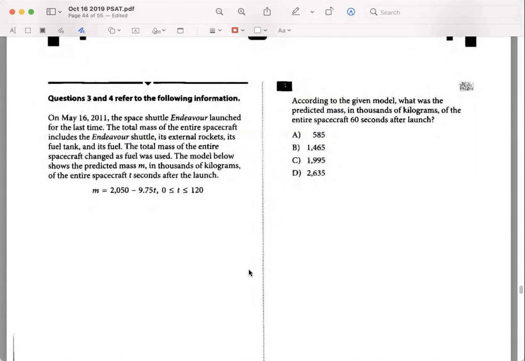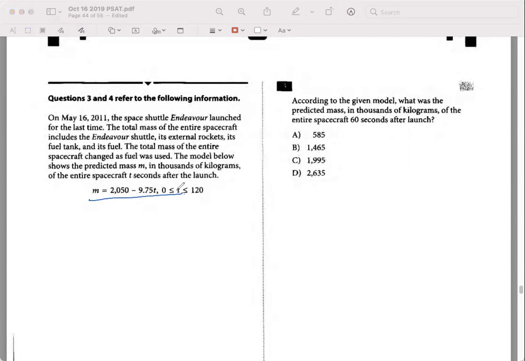The model below shows the predicted mass in thousands of kilograms of the entire spacecraft T seconds after launch. So there was an original mass, and then as the fuel was used, the total mass reduced, and this equation captures that. According to the given model, what was the predicted mass in thousands of kilograms of the entire spacecraft 60 seconds after launch, right?